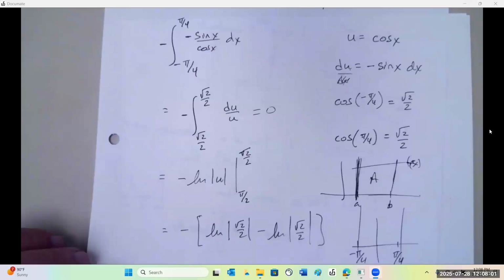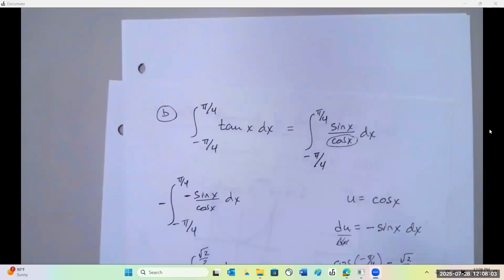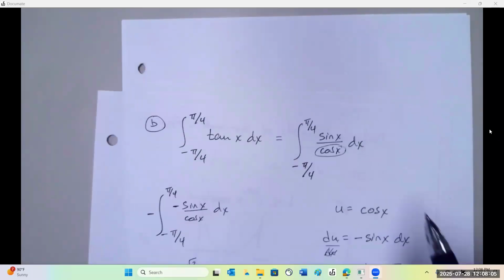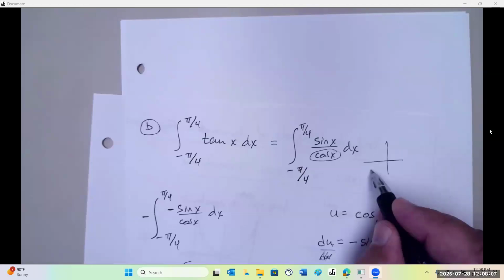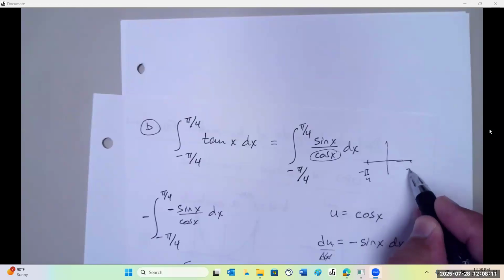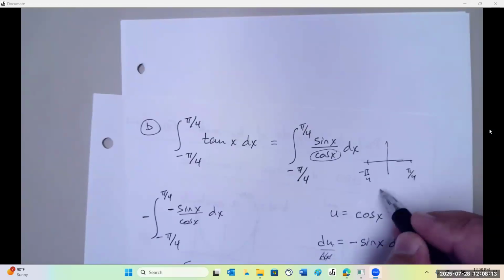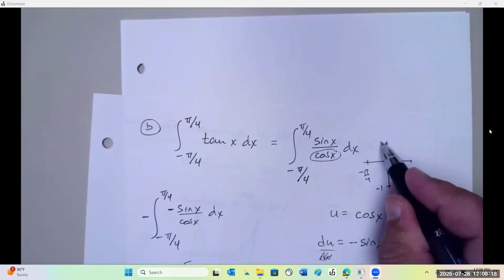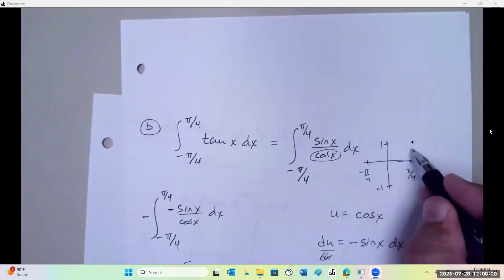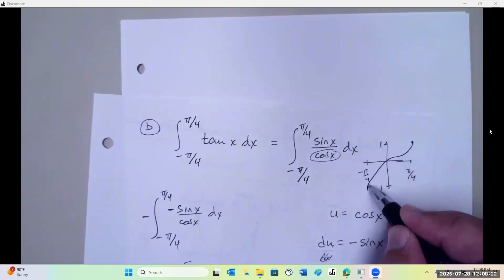What does the tangent function look like from negative pi over 4 to pi over 4? It goes from -1 to +1, and it's an increasing function.